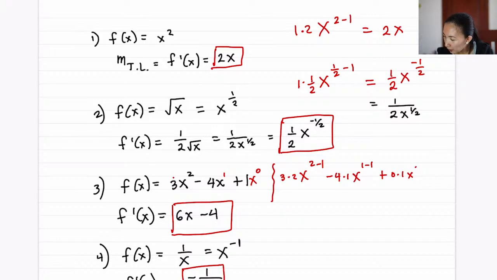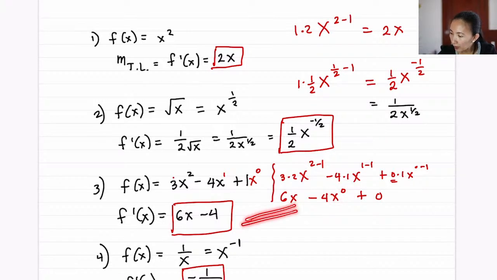Anyway, the factor 0 will make it 0 na. So, this one will give 6x minus 4x raised to 0 plus 0 because of the factor 0. And this one here, x raised to 0 is equal to 1. Is it the answer? Tama. See, compare the two.